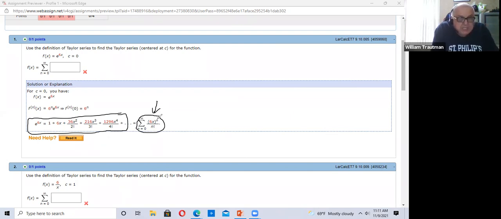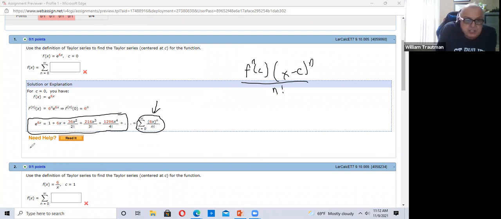Now, don't forget, the formula from the Taylor series is f to the n of c, x minus c to the n power over n factorial.